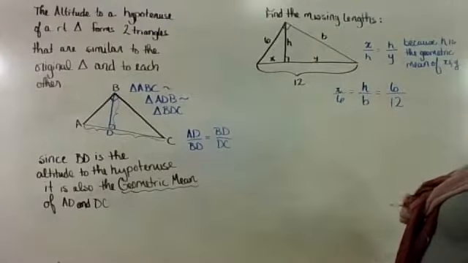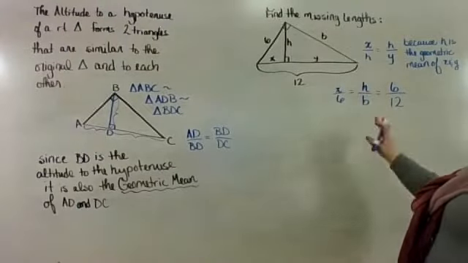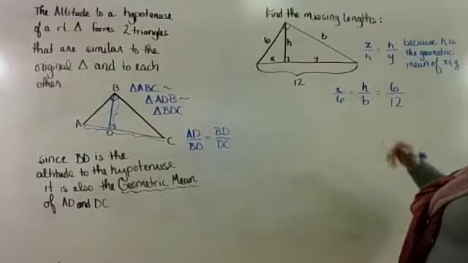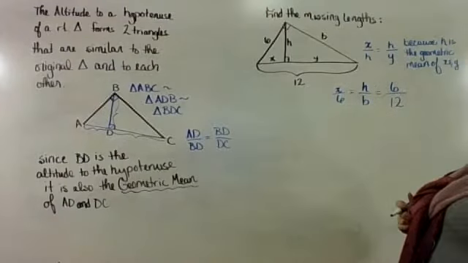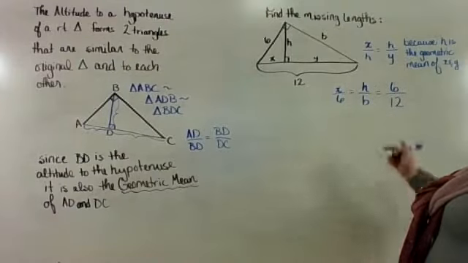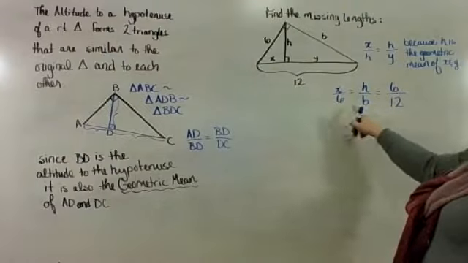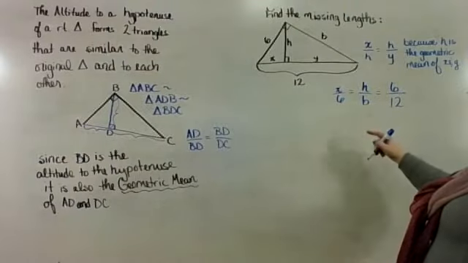This I can do something with, because since I know this, I can get some information out of it. I don't have to have the h and b in there. I can just say this one has to be equal to that one.